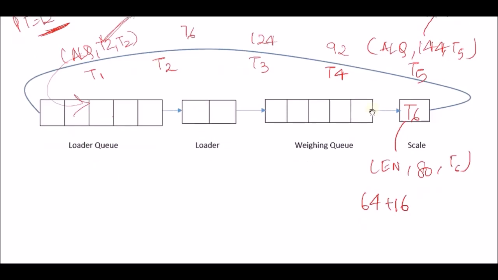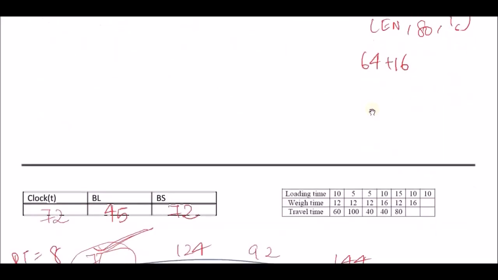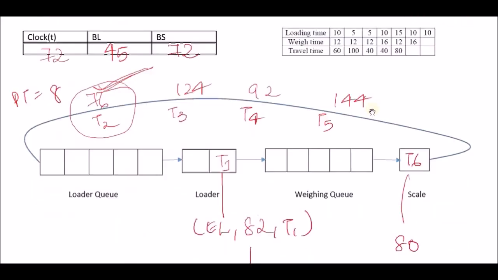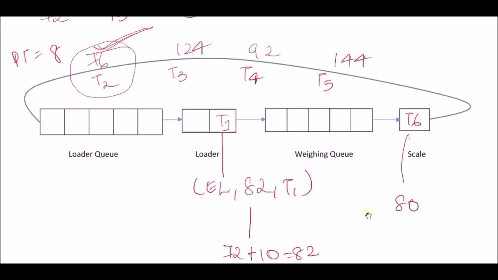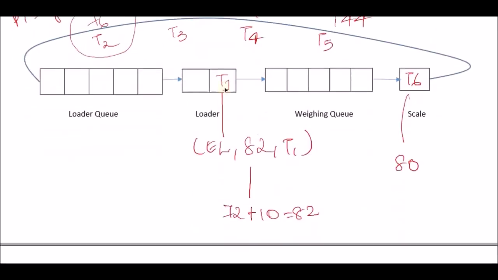So let's see at time instant 72 what is going to happen. I've already written down all the steps because otherwise the video will get too long. So at time instance 72, this T1 is moved here. T2, T3, T4, T5, T6 remain the same with their times calculated from the previous steps. The only new thing is going to be T1.